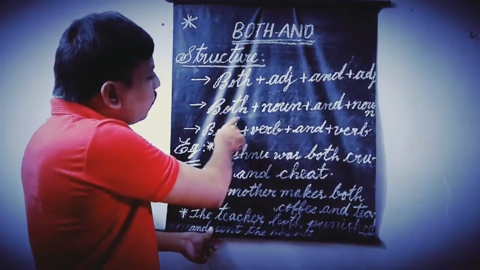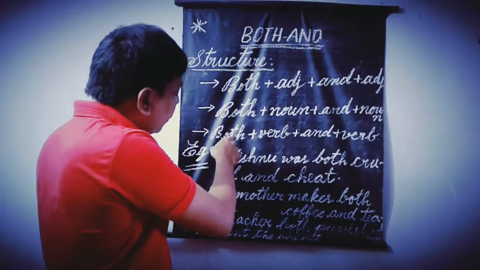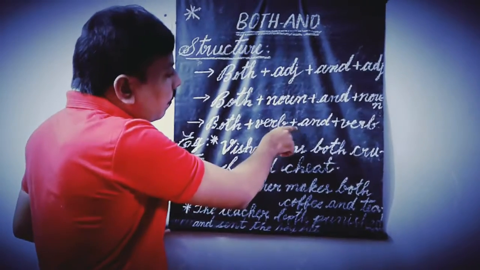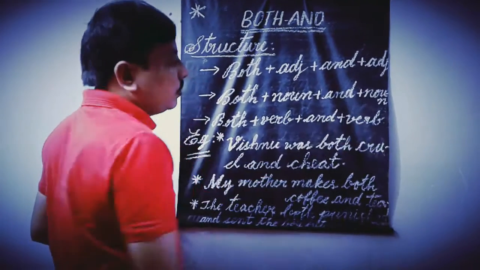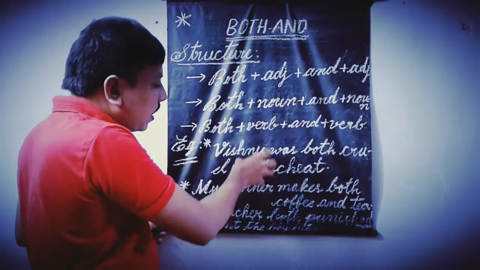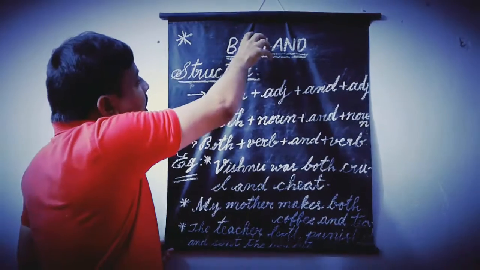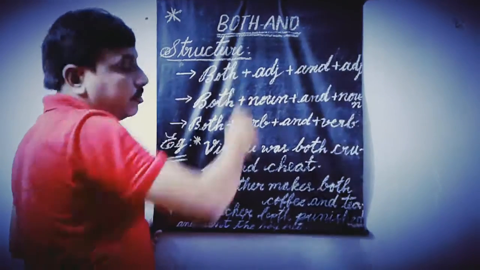Structure 2, both plus noun plus and plus noun. Structure 3, both plus verb plus and plus verb. These are the structures that we use while combining two events into one by using the correlative conjunction both and.